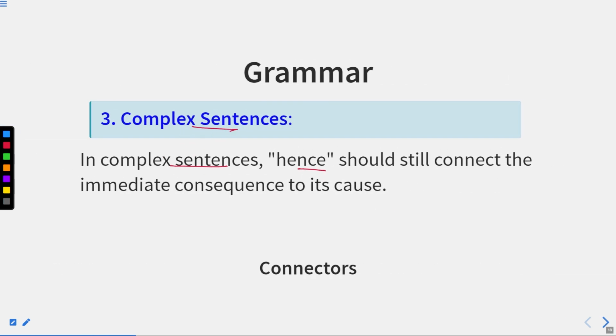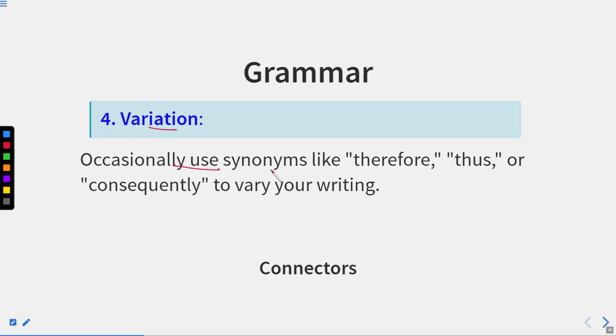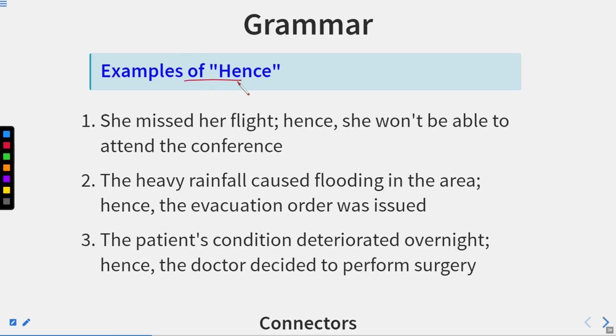In complex sentences, hence should still connect the immediate consequence to its cause. Then variation, occasionally use synonyms like therefore, thus, or consequently to vary your writing. It means whenever you are writing the word hence, there may be substitutes, there may be synonyms, so you can use any of them. Now, examples of hence.